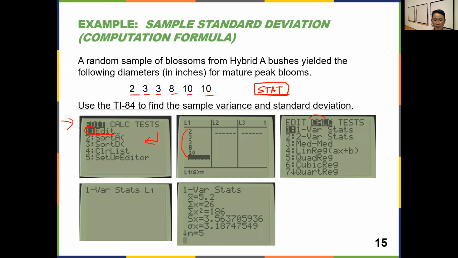Then you move your cursor to calculate, and you choose one variable. It'll ask for the frequency, which you don't have to worry about. Just hit return and compute.